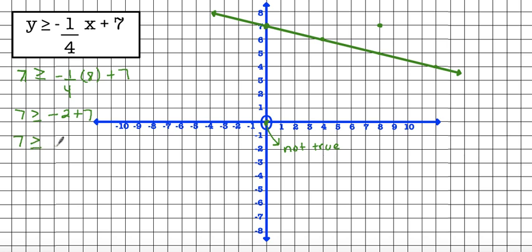So 7 is greater than or equal to negative 2 plus 7, which is 5. So 7 is greater than or equal to 5, and this is true. So we could shade above this line. And that's it.